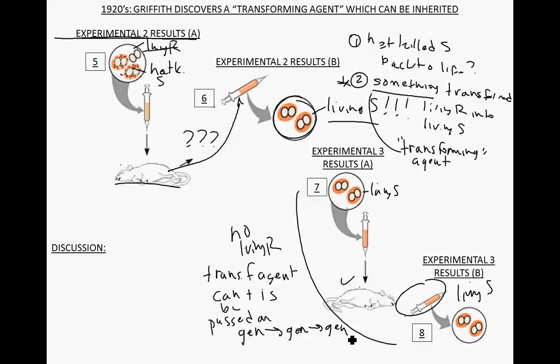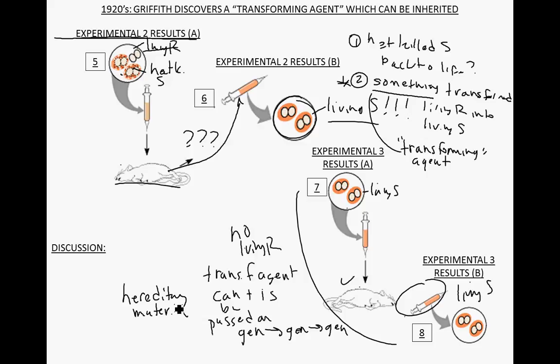This is the definition of hereditary material. Right? This is what the search was now on. All right, what is this hereditary material? Right? So what is this stuff that's able to convert living R cells into living S cells? That's able to change, if you will, not necessarily using this terminology, but what is this stuff that's able to change the phenotype of these cells?